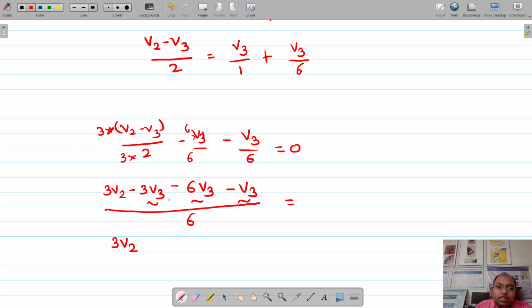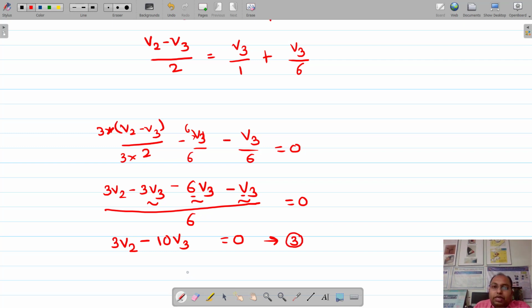Okay, so 6 plus 4, it is coming as minus 10 v3. Am I right? Okay, so 3 plus 1 is 4 and this 6 is becoming 10, right? And once we transfer this 6 to the right hand side it will get multiplied with 0, so it is going to become 0, right? So this is nothing but equation number third.